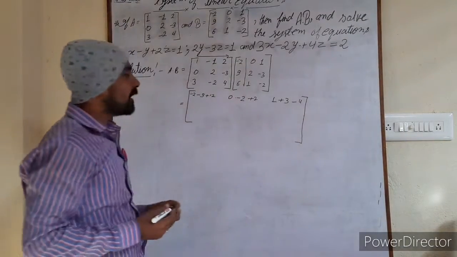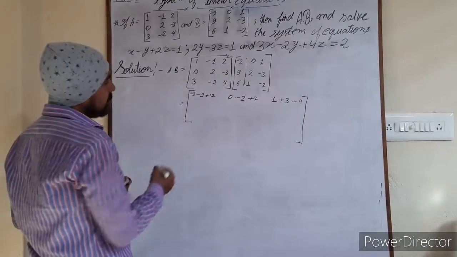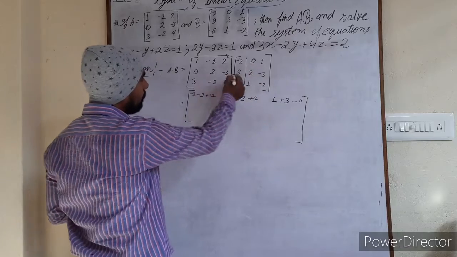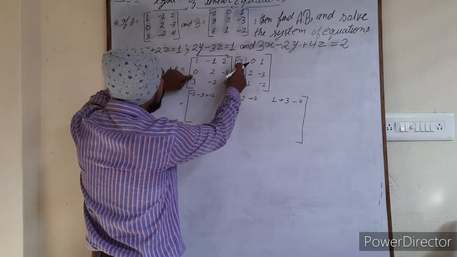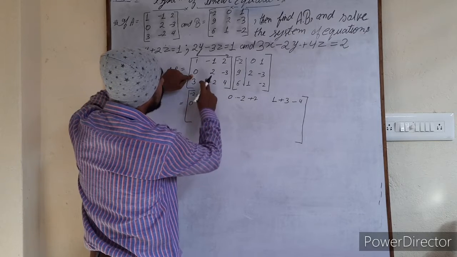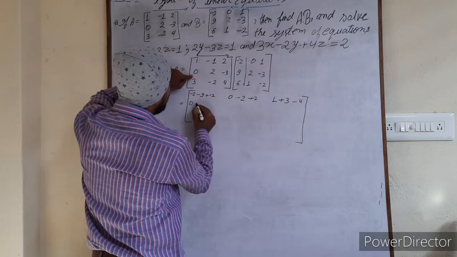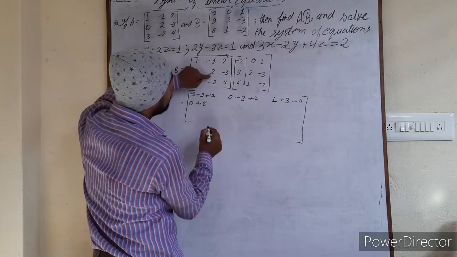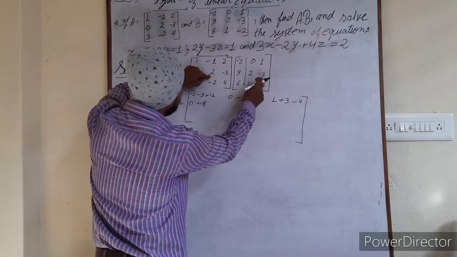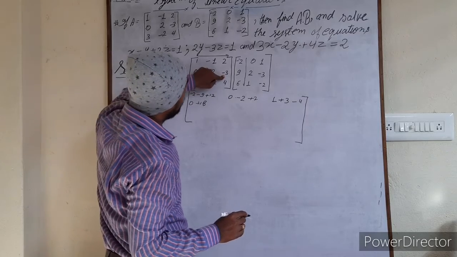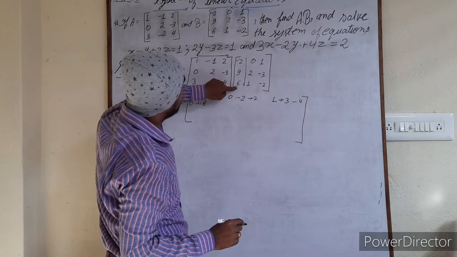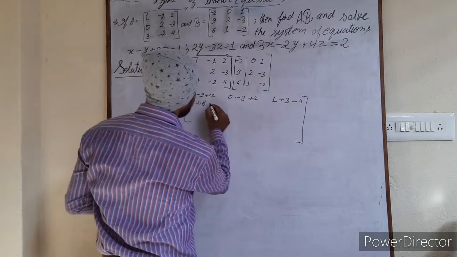Now the boundary has been made for this matrix. Same way we will do for the next row. For the first element, 0 into minus 2, 0, then 2 into 9, plus 18, then minus 3 into 6, that will be minus 18.